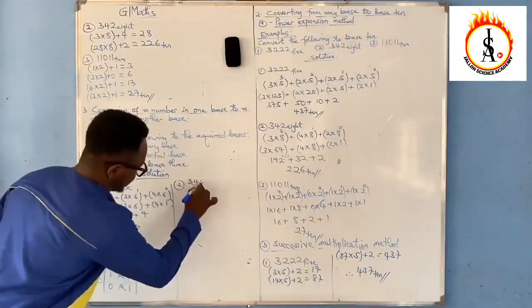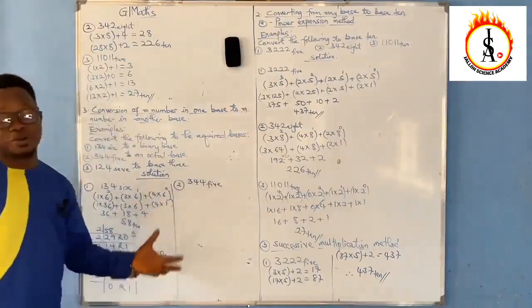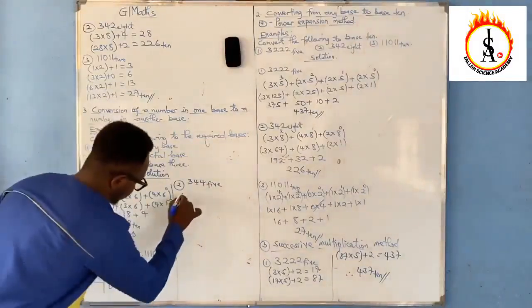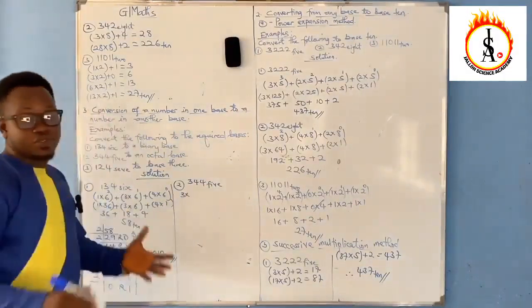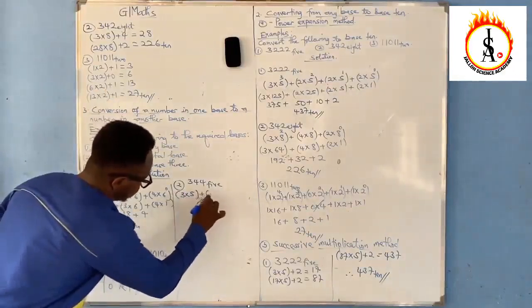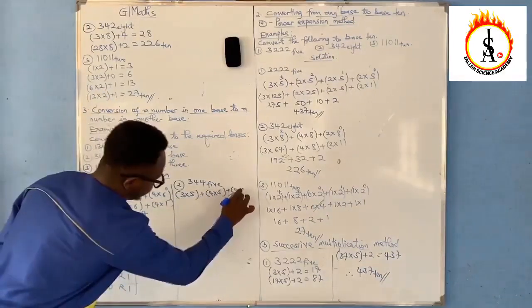344 in base 5. So here also, you can use the power expansion or the successive multiplication. We stick to the power expansion as it is the one that is used in most textbooks. 3 by 5 plus 4 by 5 plus 4 by 5.